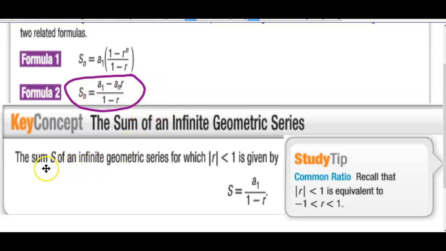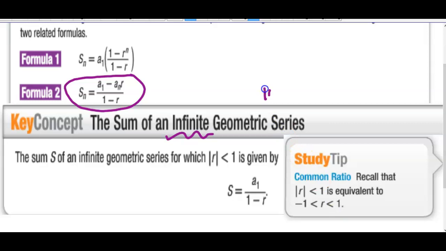All right, the sum of an infinite geometric series. We have not talked much about these. It's a little bit of a tricky concept, but when you have a geometric series where you are multiplying by a value whose absolute value is less than 1, so somewhere between -1 and 1.